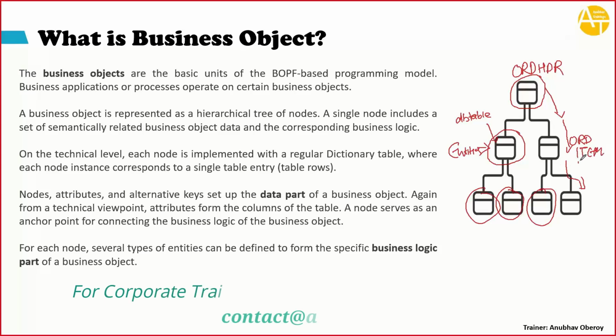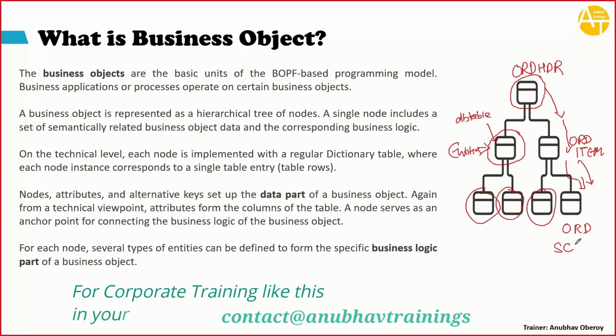Then the order item table can have a further child, order scheduling line item, right? Each item can have a scheduling line item. The relationship between these two nodes is 1:n, and again this is 1:n. This is how the tree is structured, and that eventually becomes our business object.